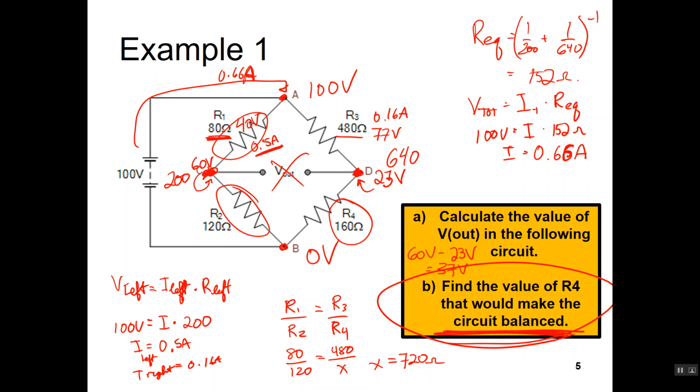So if you wanted to create a balanced circuit such that there is no voltage drop across C and D, then you would replace R4 with a resistor of 720 ohms, and therefore you would create something called a balanced circuit, and there would be no current across the bridge. If it was balanced, absolutely right.